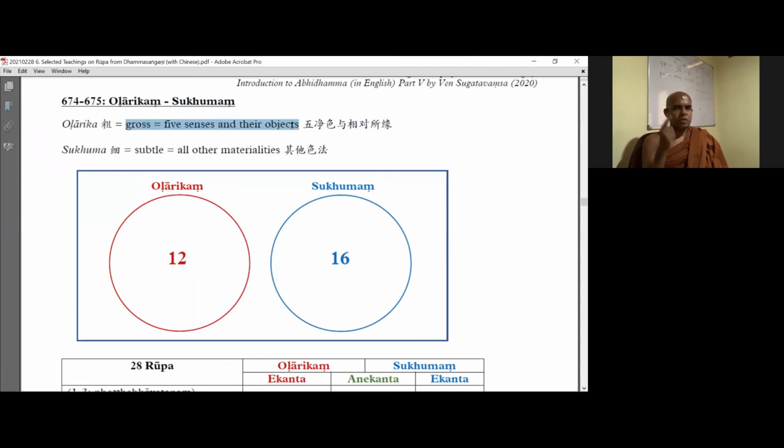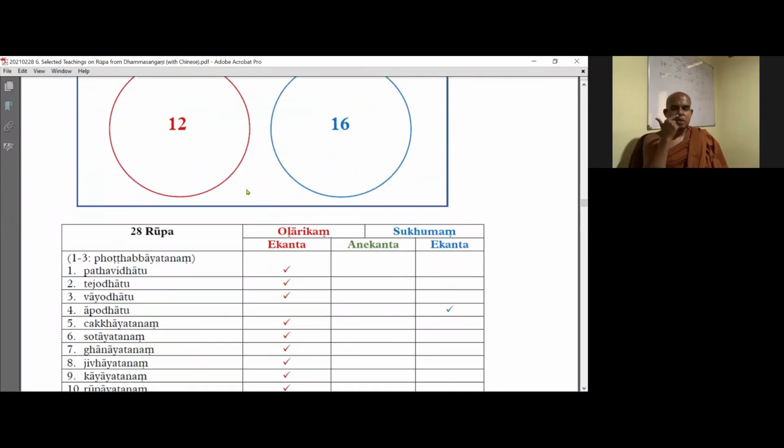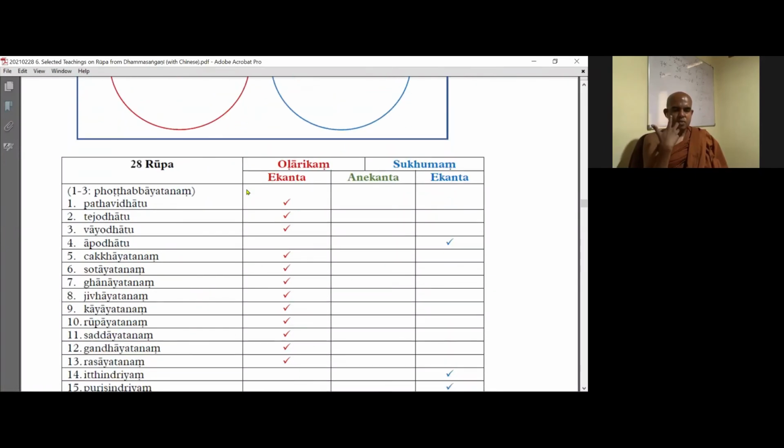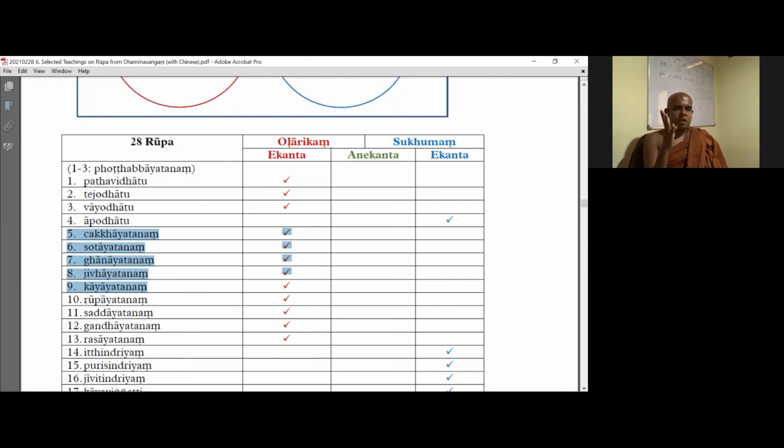The five senses are eye, ear, nose, tongue, body. The objects are color, sound, smell, taste, and tangible. Tangible means Pathavi, Tejo, Vayo, the three Mahabhuta.